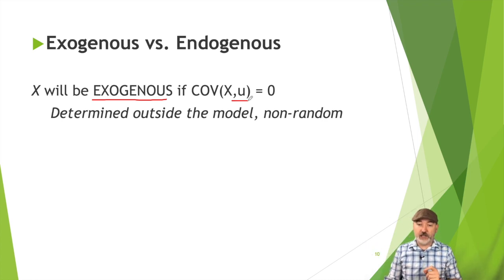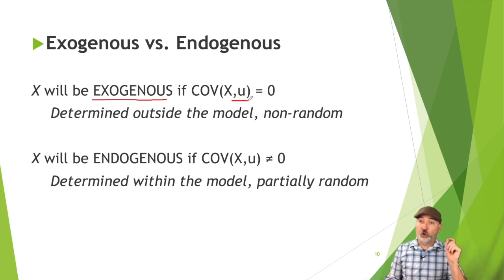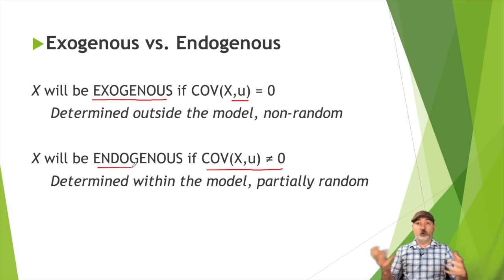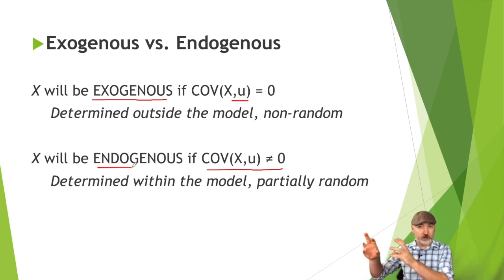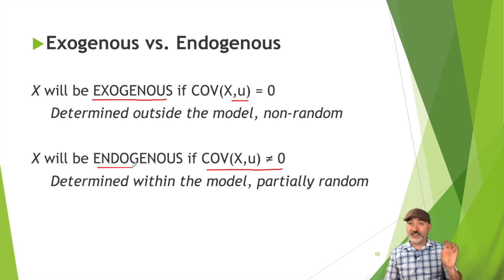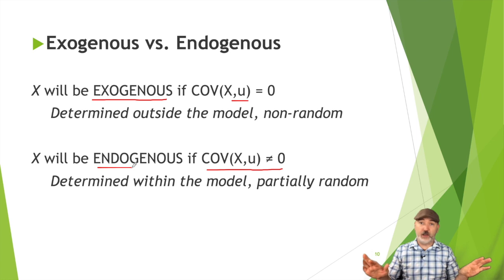The exogeneity assumption. What we're concerned about is when that assumption is violated, the covariance is not 0, and x becomes a partially random variable within the model. It's an endogenous factor, whereas it shouldn't be. So a random shock to the error term affects y and x at the same time. We don't want that to happen. And again, the classical model assumption is that that's not happening.